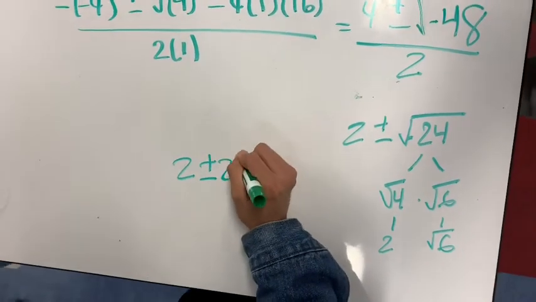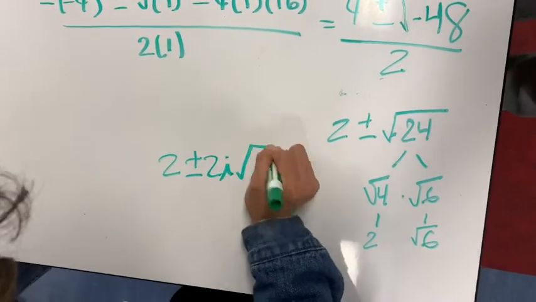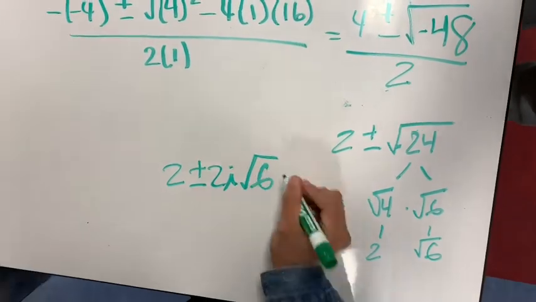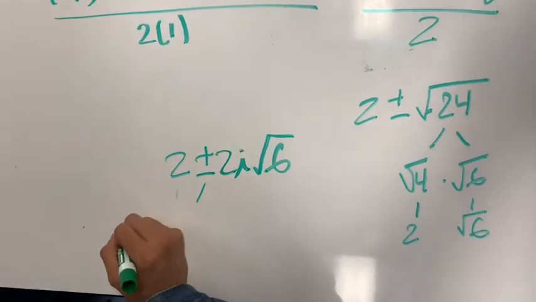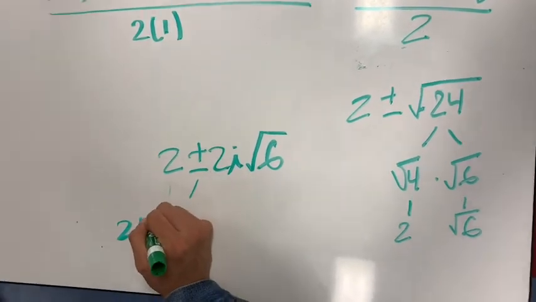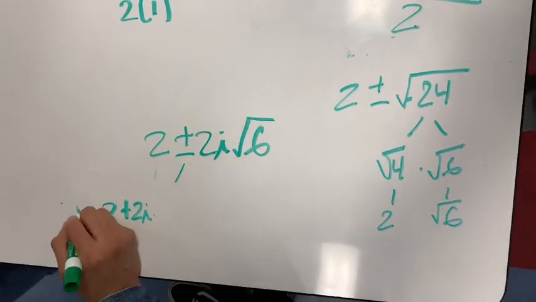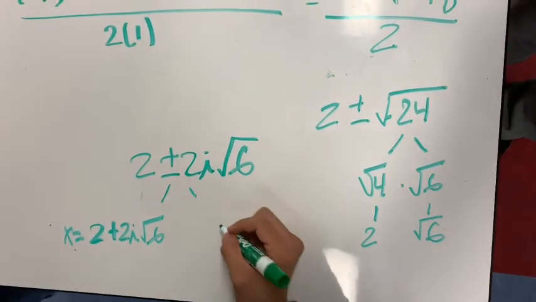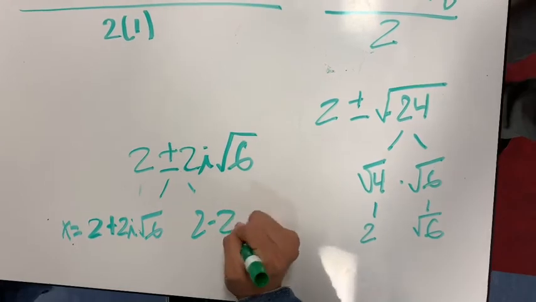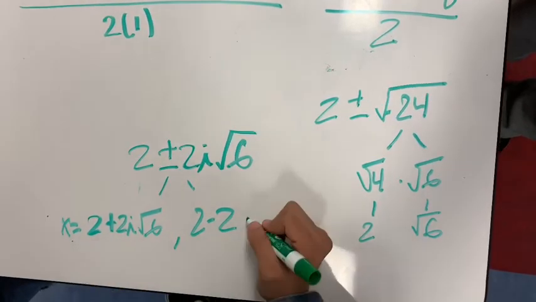We can never have a negative there, so we must change that to an i. We end up getting 2 plus or minus 2i square root of 6. Our answers will end up being 2 plus 2i square root of 6 and 2 minus 2i square root of 6.